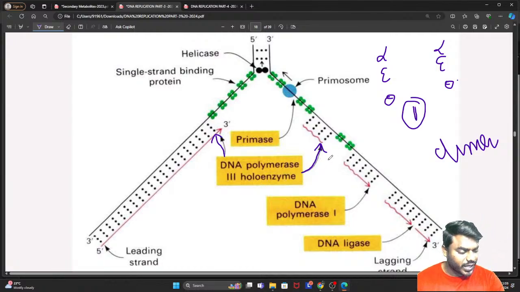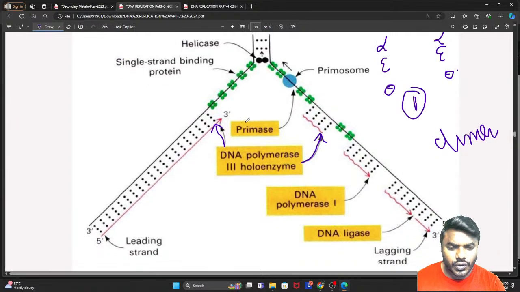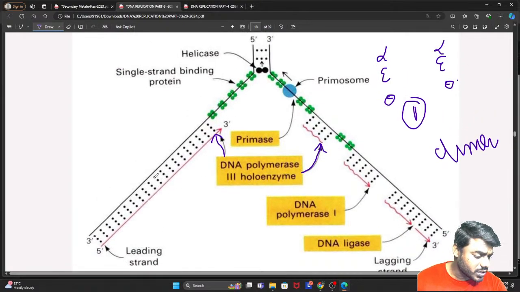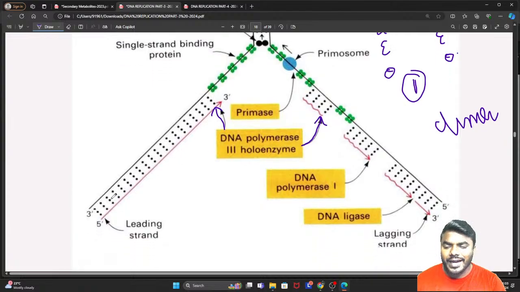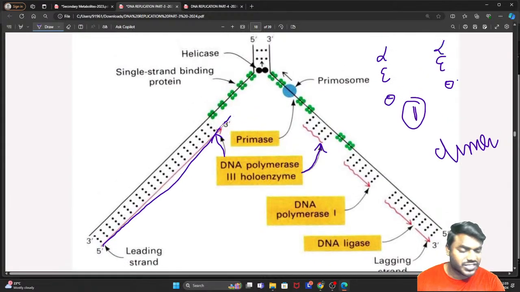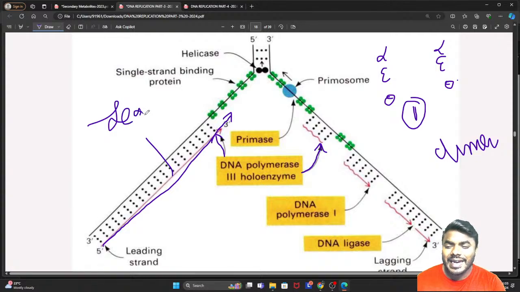Easy to understand this. So now you also know very well, one strand always moves in the 5' to 3' direction towards the replication fork. That's the reason we call it the leading strand. No confusion at all.